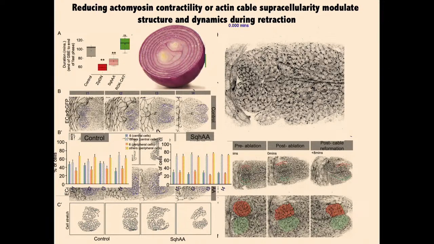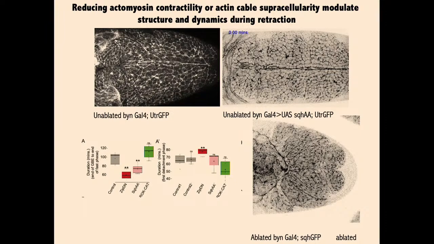orange side has a cut cable, the green side does not have a cut cable, and you will see that the edges of the cut, where the cable was cut, are jagged, so it doesn't have that smooth ring-shaped morphology with aligned sides.